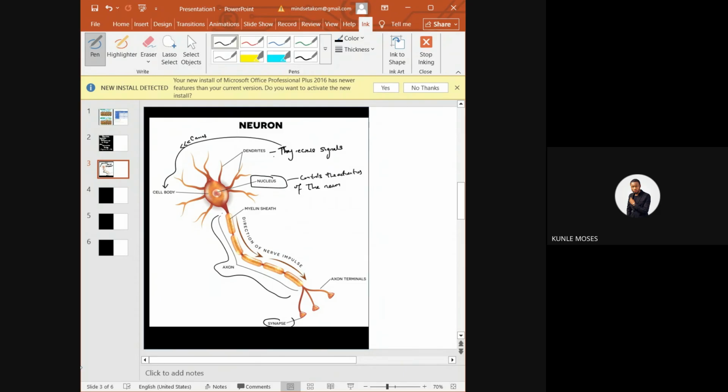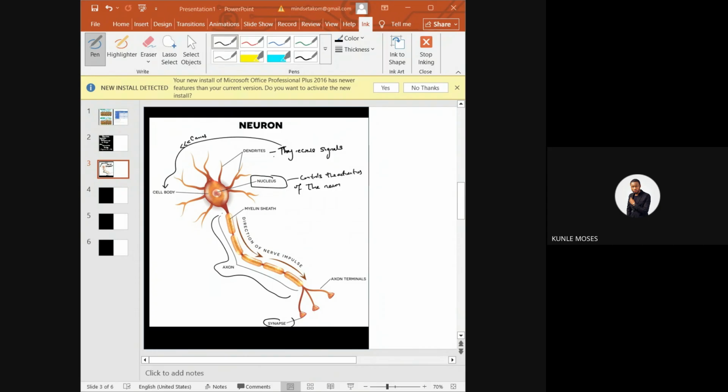So let me see the notes that we have here. Okay, this is the structure of a neuron.